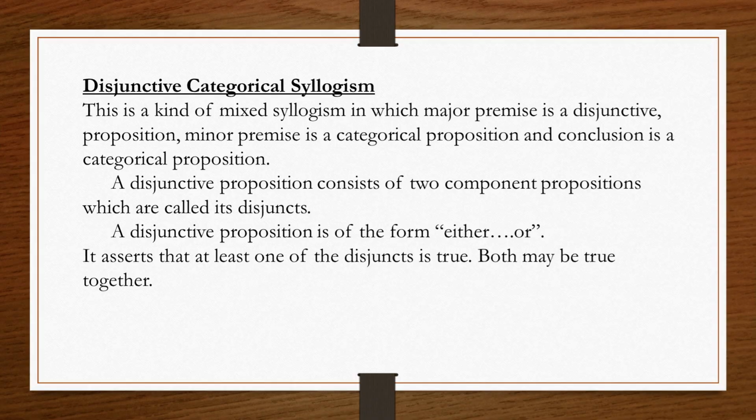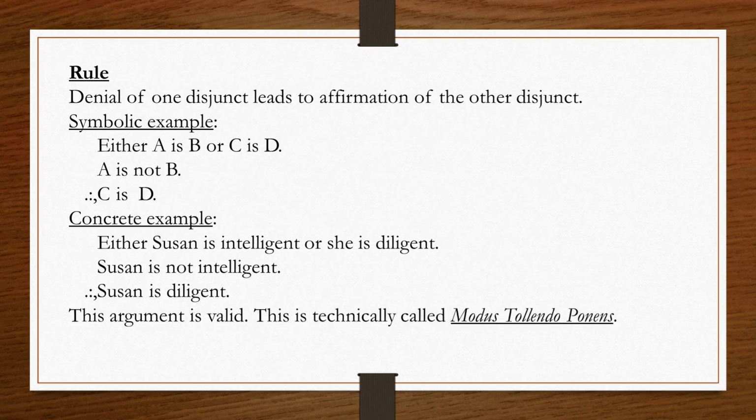Then the minor premise is a categorical proposition. Categorical means, you know, subject, predicate and copula, and the conclusion also is a categorical proposition, with subject, predicate and copula. Now, let us see the rule of disjunctive categorical syllogism.